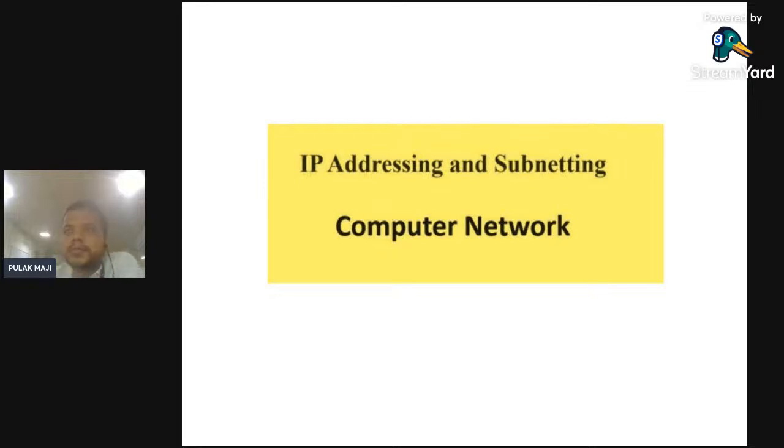The MAC address is also used to identify each computer on a network uniquely, because every computer has its own MAC address. By using that MAC address, we can easily identify each and every machine present on the network.